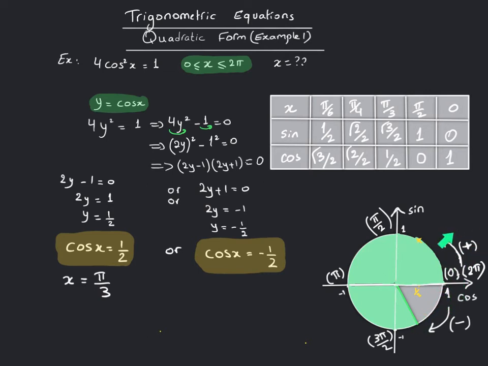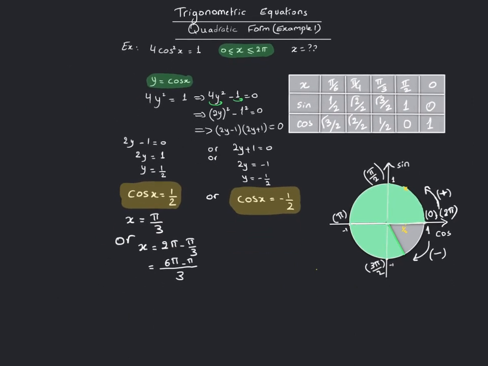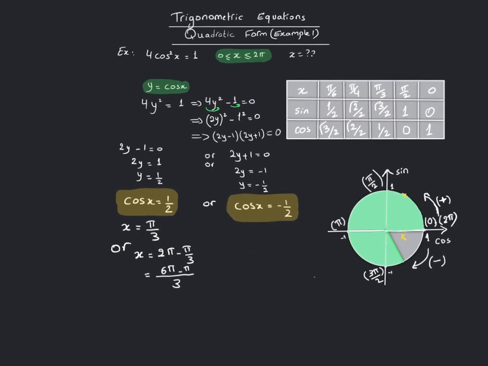Here you have to be careful about the direction. Going in this direction, 2 pi, then taking the negative direction, minus pi over 3. Let's write. Or x equals 2 pi minus pi over 3, which is 6 pi minus pi over 3, which is equal to 5 pi over 3.